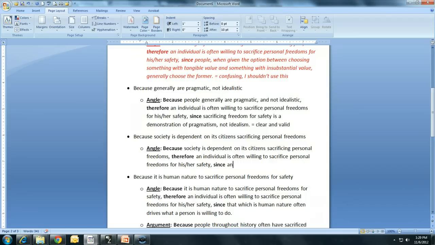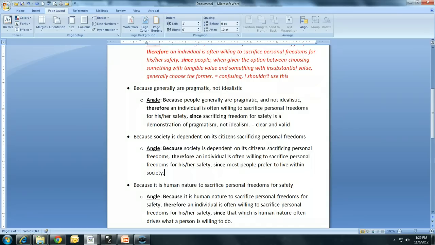Since most people prefer to live within society. There are very few people who do not prefer the communal bond of living within a group. Very few people indeed.